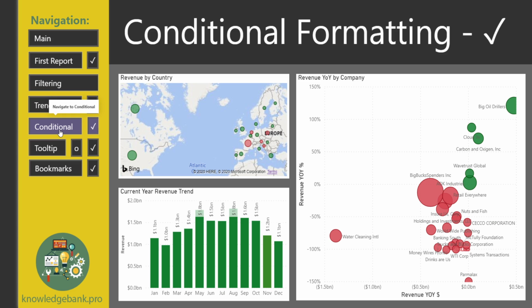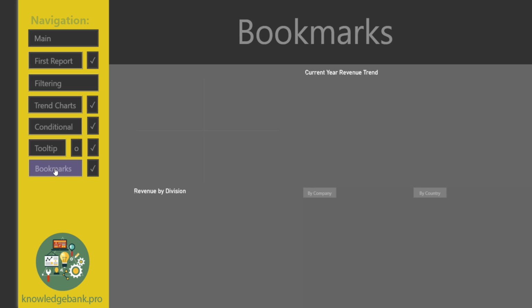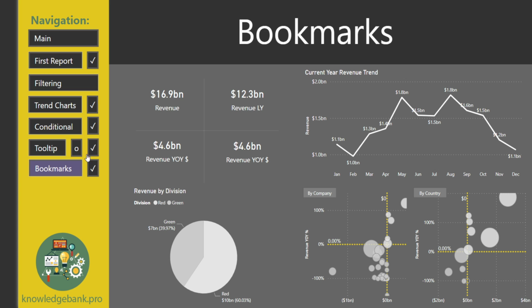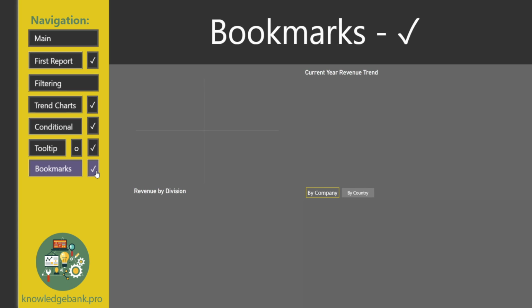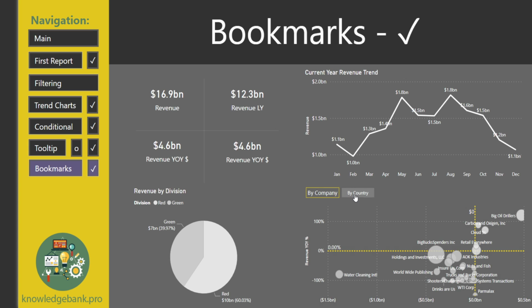And again, all of the content and all of the nitty-gritty stuff about building these things is available in the video. We'll talk about custom tooltips. And at the end, we talk about bookmarks, where you start with a report that's pretty cluttered, and then you're able to build something like this, where you can click on different buttons and things change on the fly.